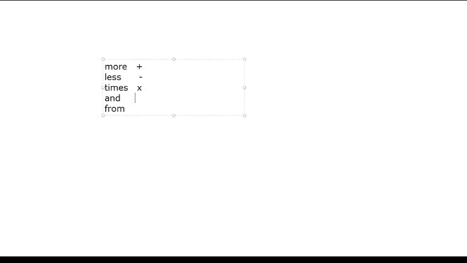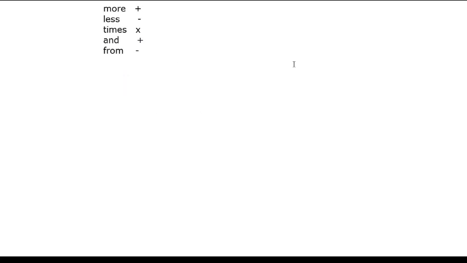And also means plus. And from, minus. Please remember these important terms. They're going to come out in several questions. Let me write with a big red mark over here so that you guys remember to note it down.